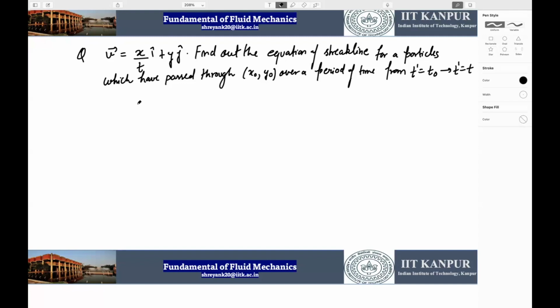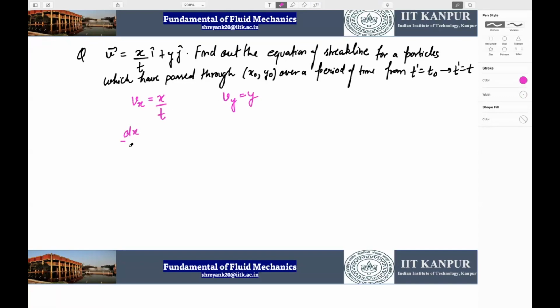Again, that is straightforward. First we get the equation of the path line of a particle passing through x naught, y naught. Vx is equal to x by t, Vy is equal to y.